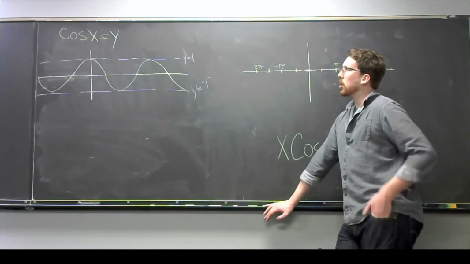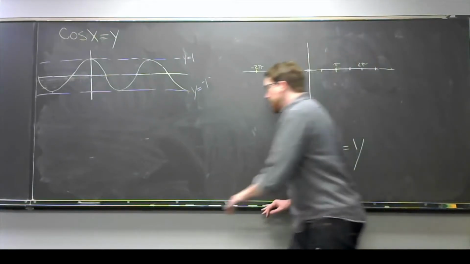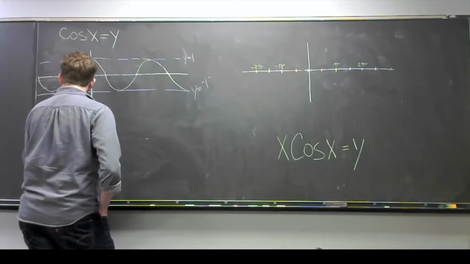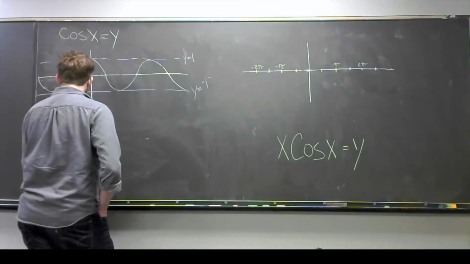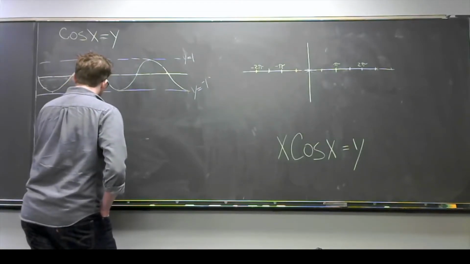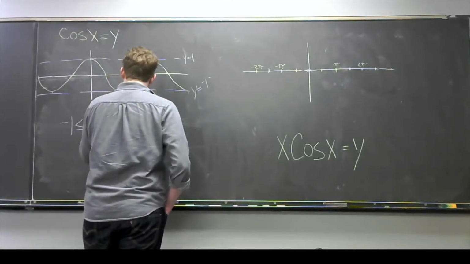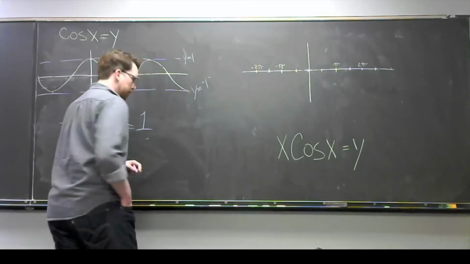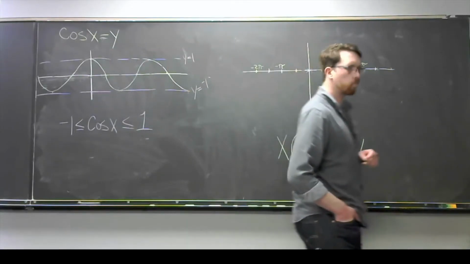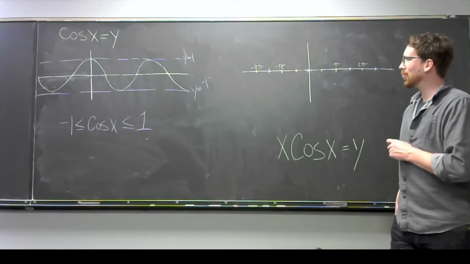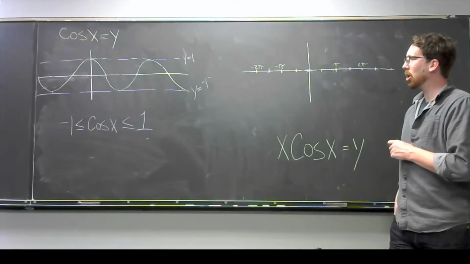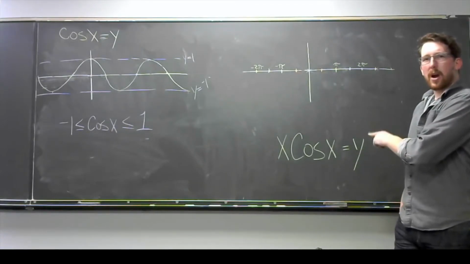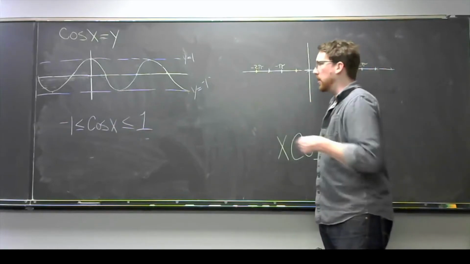Okay, so if I wanted, I could write that as an inequality. Say, I know that -1 is less than or equal to cosine of x, which is less than or equal to 1. Well, what I want is to find the graph of x times cosine of x, right?